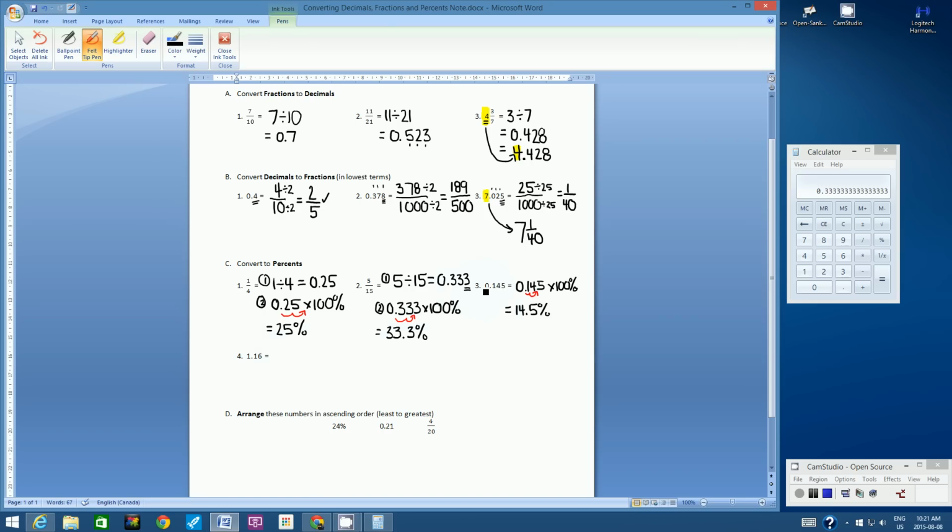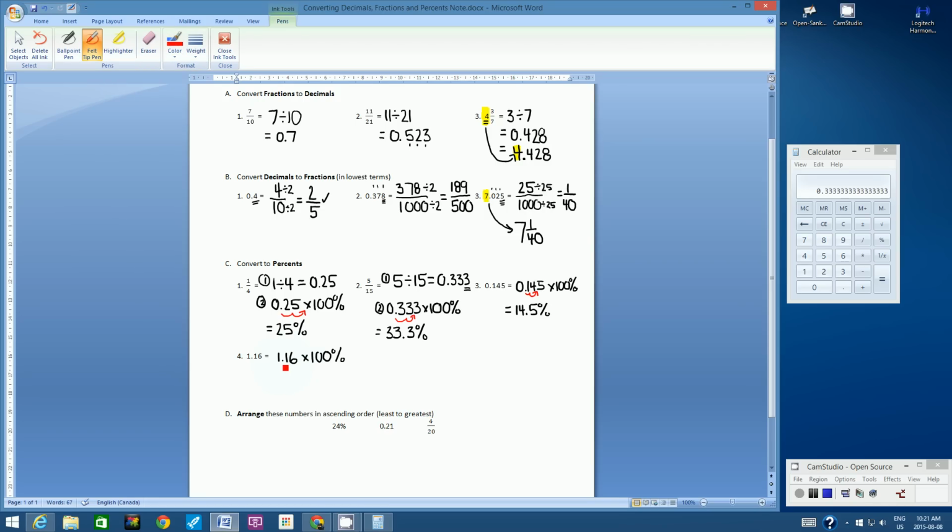Very similar to question 3, except there's a whole number. Okay? But don't let that intimidate you. So all we have to do is take the entire number, 1.16, and multiply it by 100. We don't need to ignore the whole number at this point.